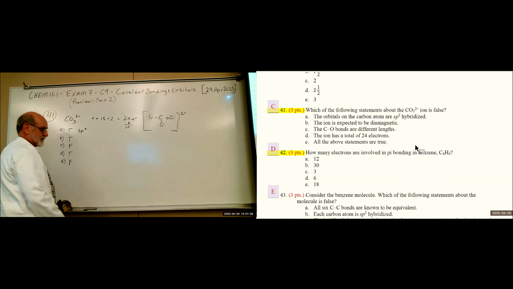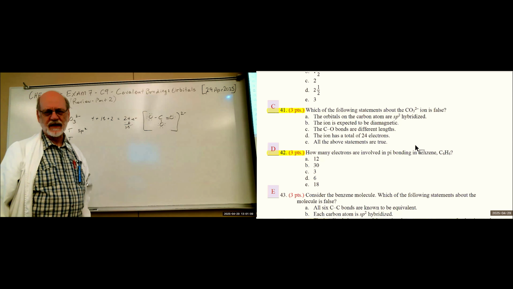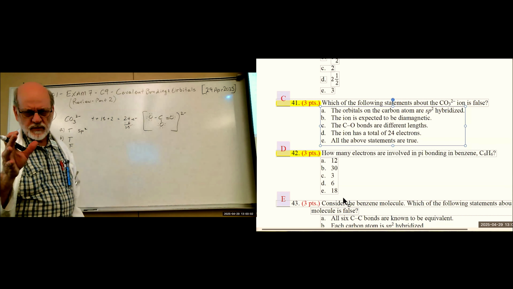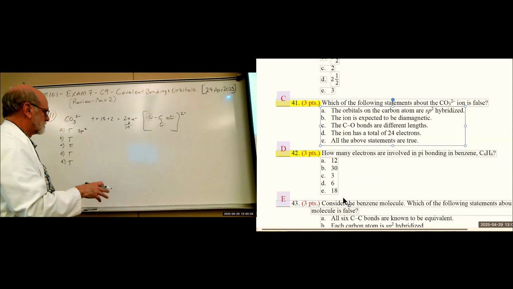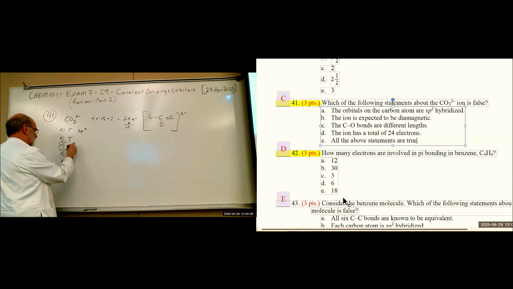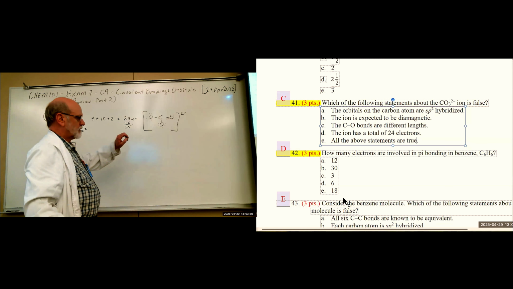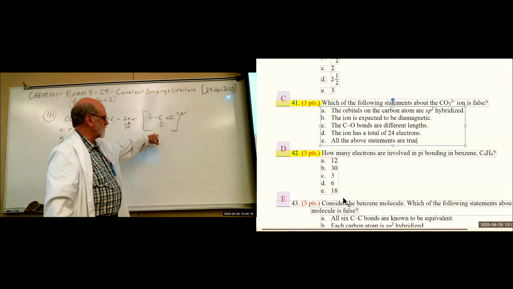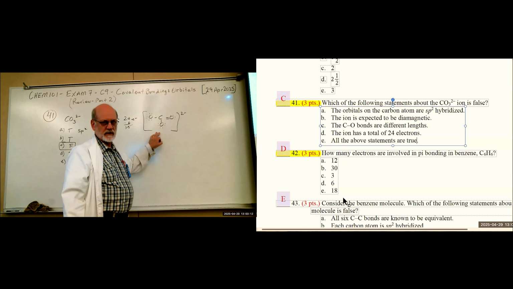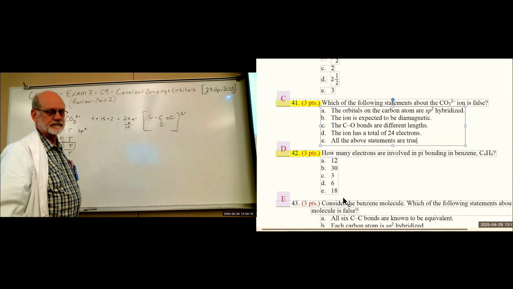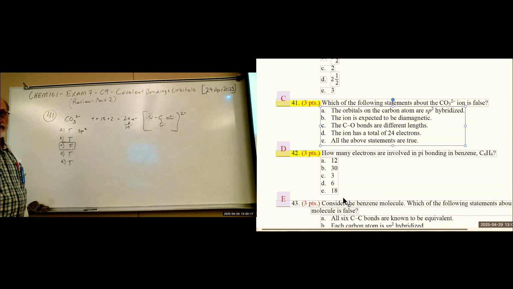So C is false and E is false. So take your pick. That's a bad question. C should be, yeah, that's right. They're not different lengths. You might expect them to be different lengths, but they're actually the same length.